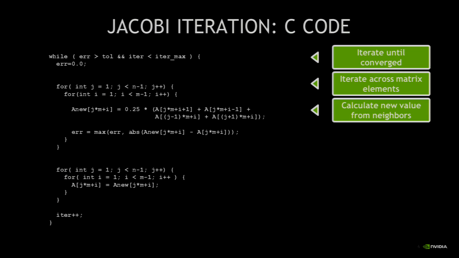We calculate the new value by averaging all the values on the neighbors. Then we compute the maximum error. We use this error to see when we need to stop our loop. Once we converge, we don't need to do any other iterations.